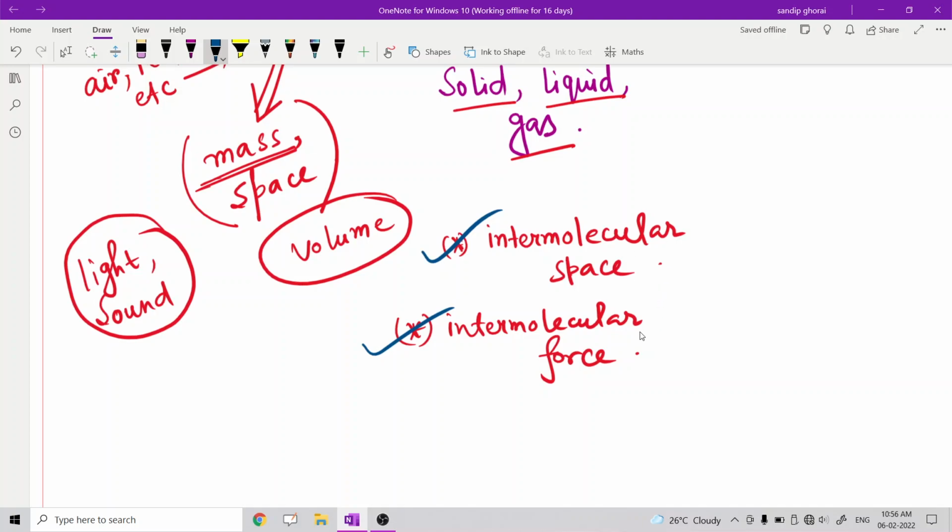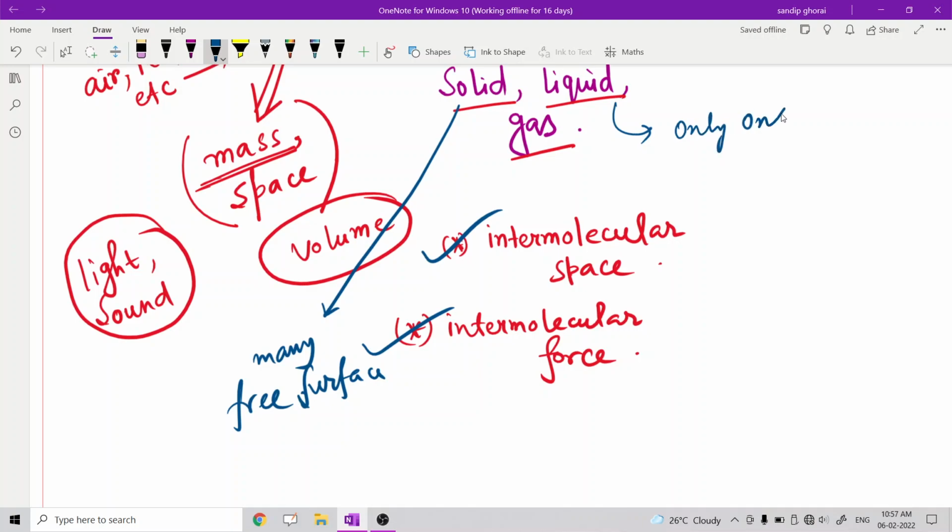Due to this reason, solids have many free surfaces, liquid has only one free surface, and gas has no free surface. This is due to intermolecular space and intermolecular force.